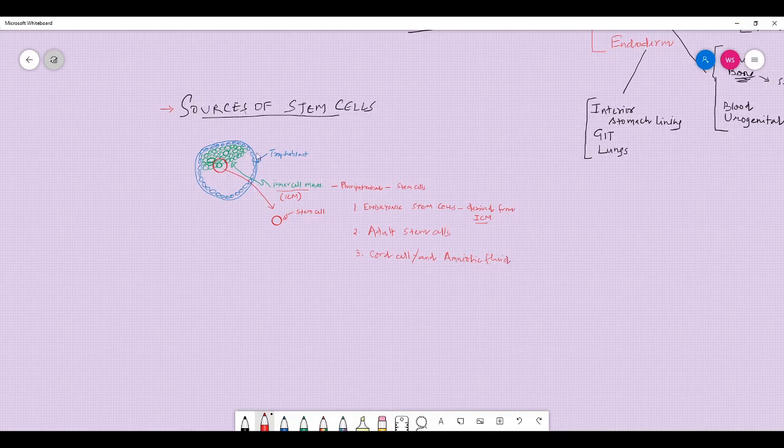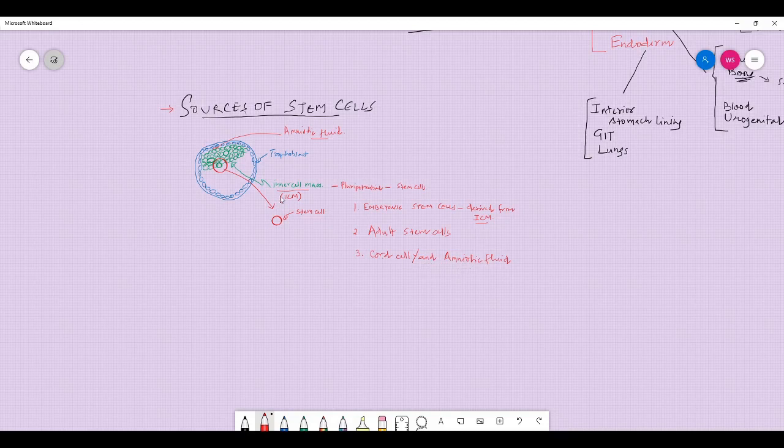As the embryo continues to develop, a small cavity develops somewhere here, and that cavity gets filled with amniotic fluid. So this amniotic fluid is also a source of stem cells.